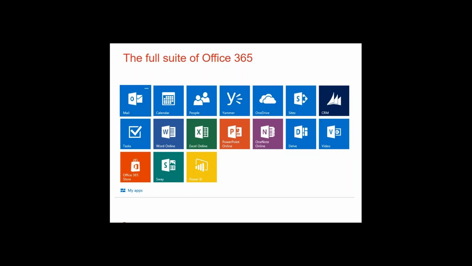You also get things like Yammer, which is basically, they call it a Facebook for business. So we're seeing a lot of organisations get some real benefits out of using a platform like Yammer where your staff can talk and collaborate together. Now we'll come back to each of these and go into a bit more detail later. OneDrive for documents, Sites is for SharePoint. Now you see there you've got Word Online, Excel Online, PowerPoint and OneNote.